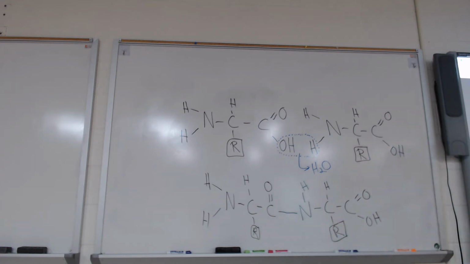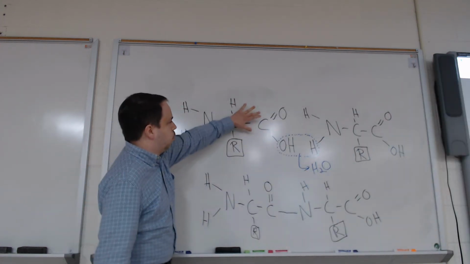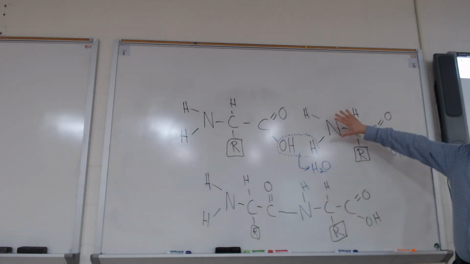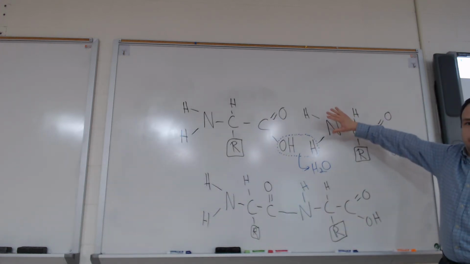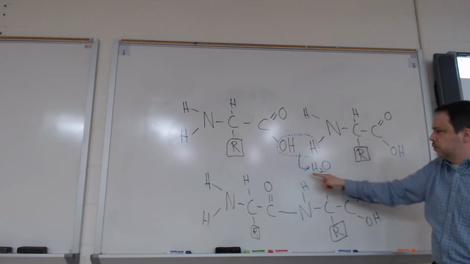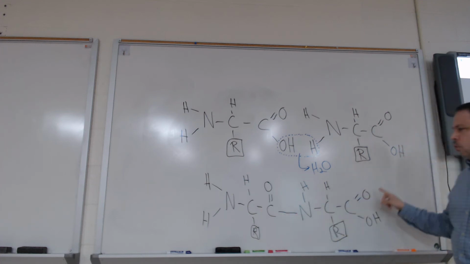All right. Now we had, to start with, like I said before, 2 monomers. Monomer number 1, amino acid number 1. Monomer number 2, amino acid number 2. Through a condensation reaction that releases water, we link them together and form a polymer.